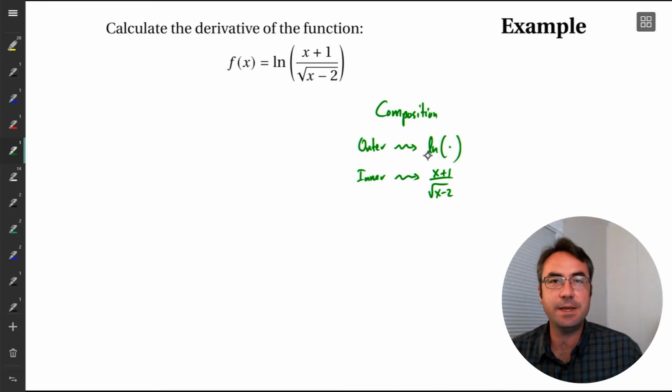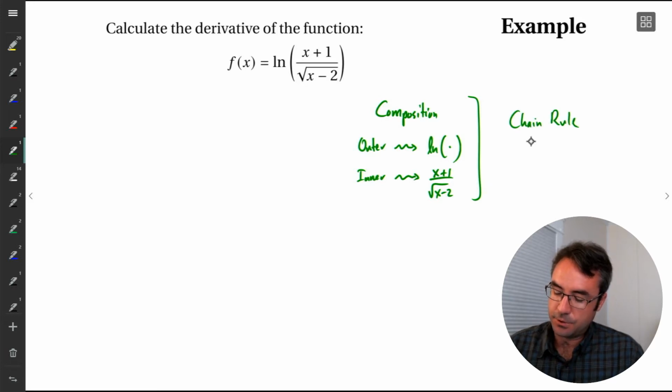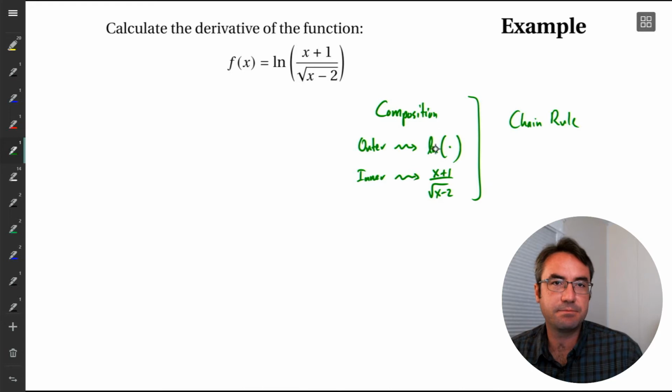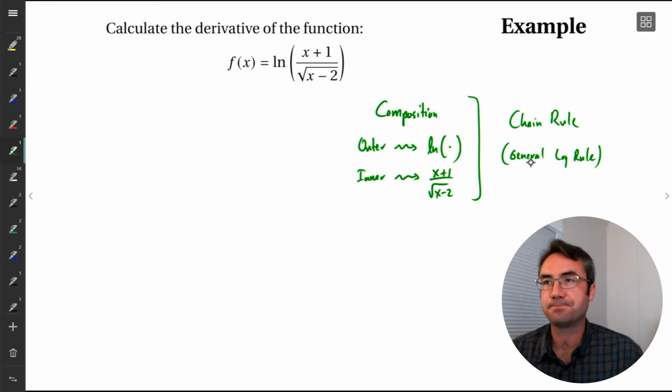And so whenever we have a composite function like this as our main operation, the way we differentiate a composition is with chain rule. Now we also gave this a special name. Whenever our outer function is the natural log function, sometimes we also call this the general log rule when we looked at chain rule.